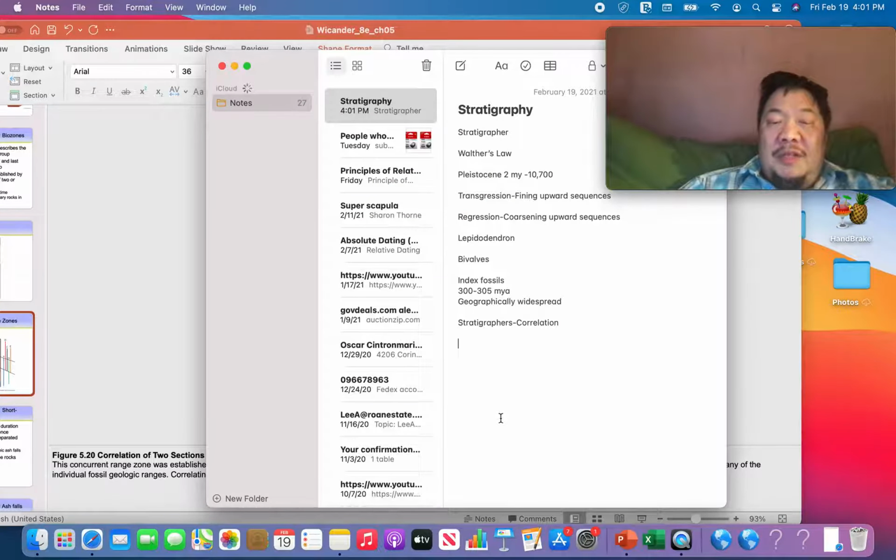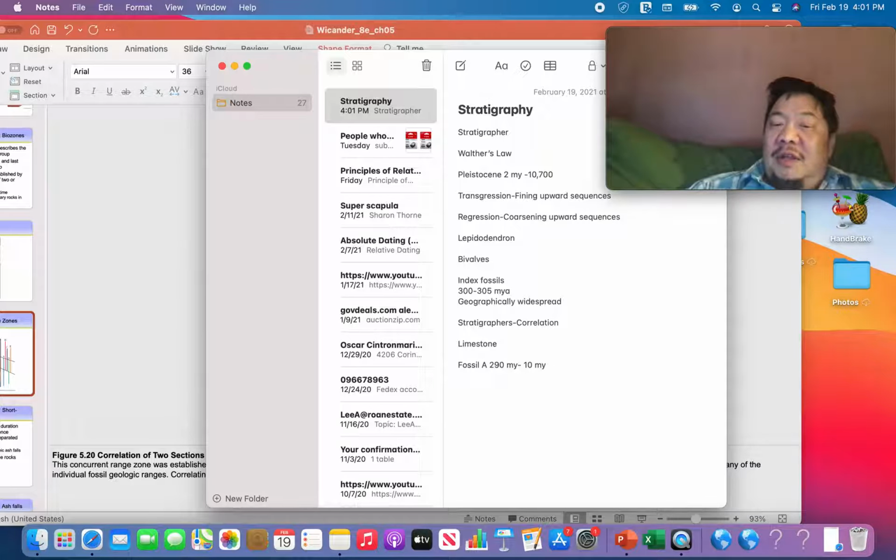What's a concurrent range zone method? Well, let's say we found a limestone, and we wanted to figure out how old this limestone formation is. And let's say we find fossil A, and it lived from 290 million years ago, and it died out 10 million years ago.